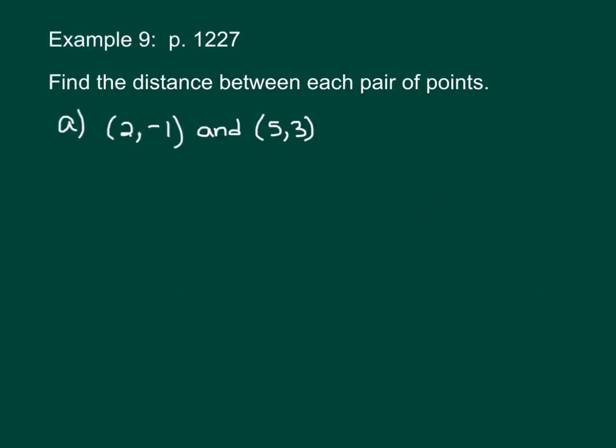Okay, so example 9a, my ordered pairs are 2, -1, and 5, 3, and we're finding the distance between the pair of points. So my formula is x2 minus x1 squared plus y2 minus y1 squared, and then take the whole square root of that.